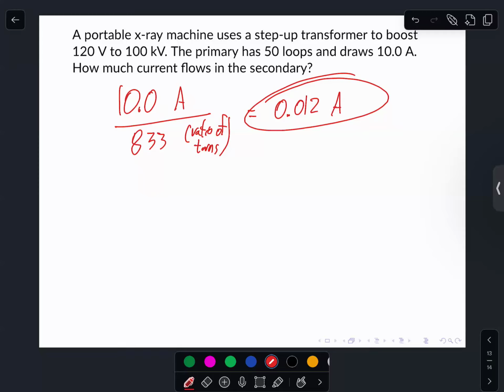Now, think just for a second. Every single turn, this is something from last week's quiz and homework, I think, every single turn feels the induced voltage. If you calculate delta phi over delta t, the induced voltage, you're calculating for one turn.